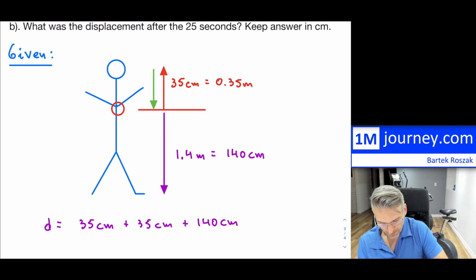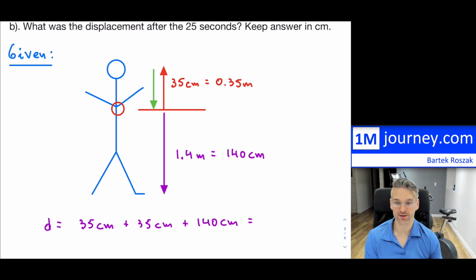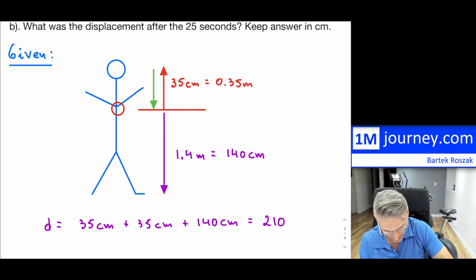So that's the path that it has taken. Remember that distance is a scalar, so there are no directions. We just are interested in what the actual path was. So if you add all of this up, the 35 and 35 is 70, and 70 plus 140 is 210 centimeters, or 2.1 meters.